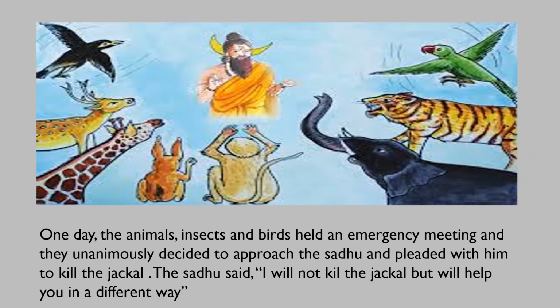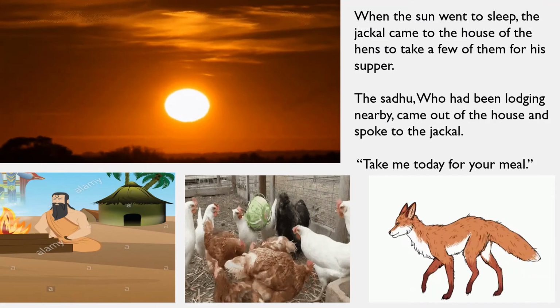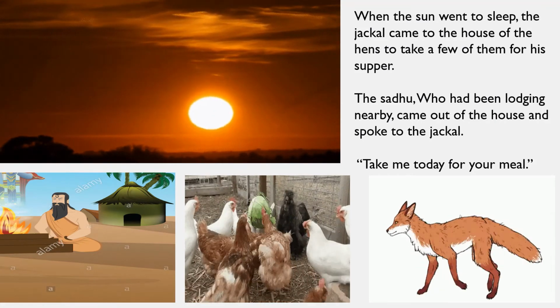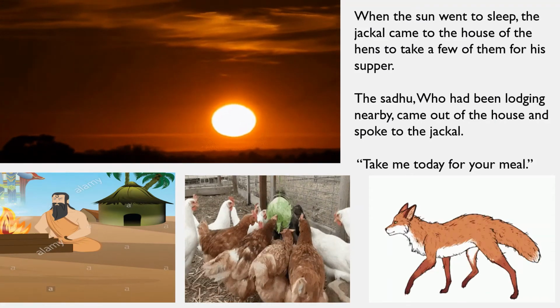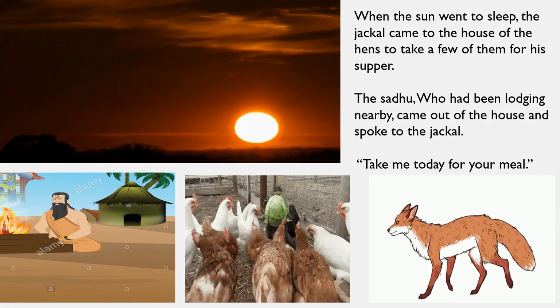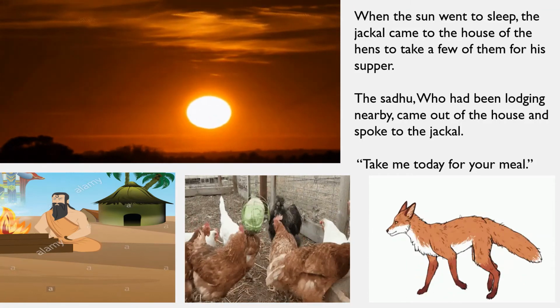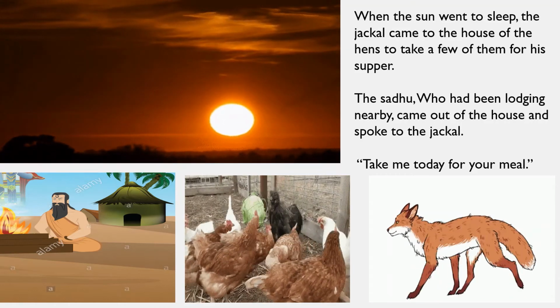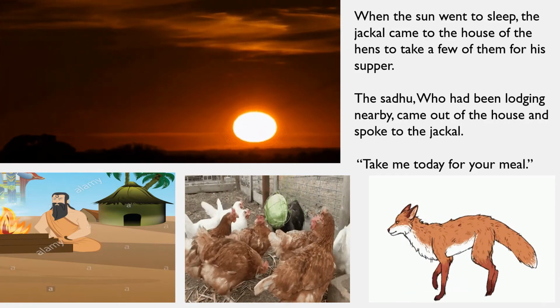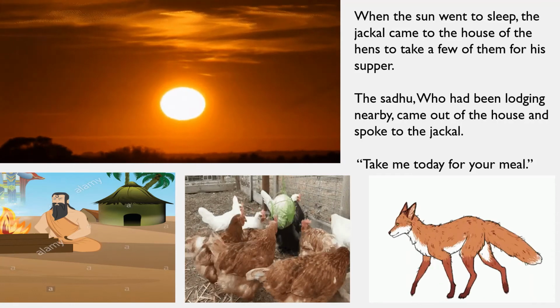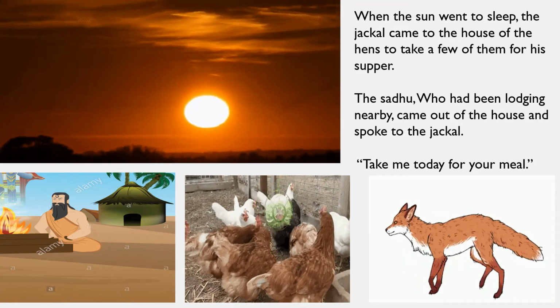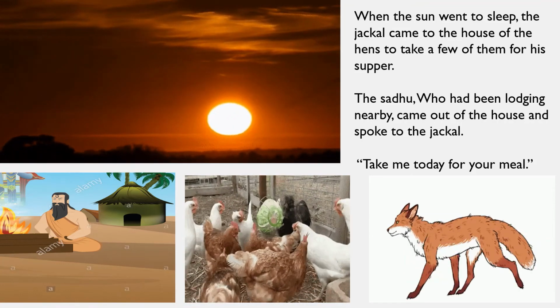When the sun went to sleep, the jackal came to the house of the hens to take a few of them for his supper. The sadhu, who had been lodging nearby, came out of the house and spoke to the jackal. "Take me today for your meal." When the sun set in the evening, the jackal came to the hen's coop to have a few of them for his dinner. Supper means dinner.